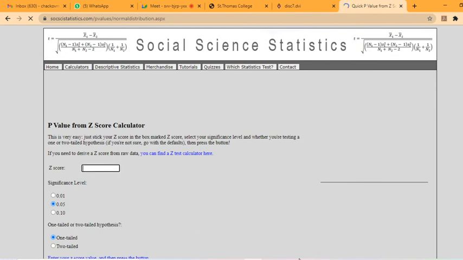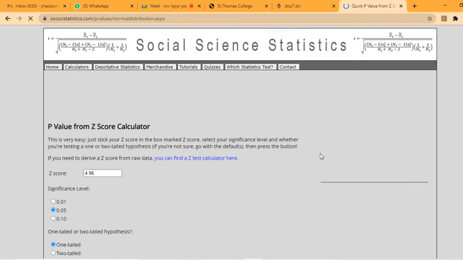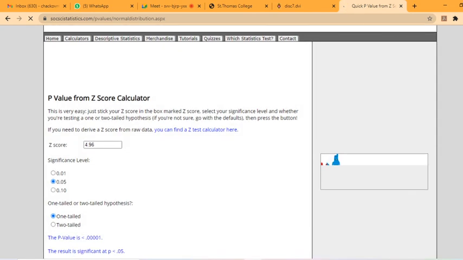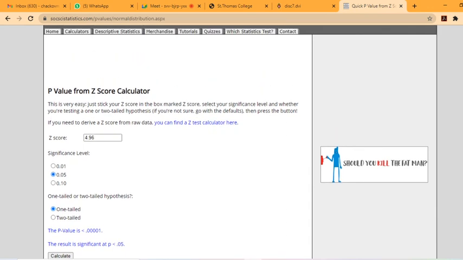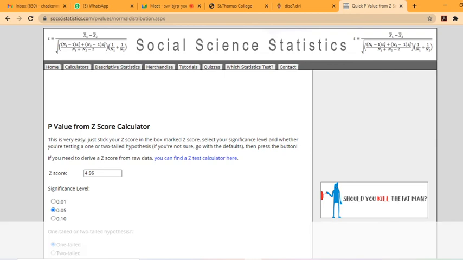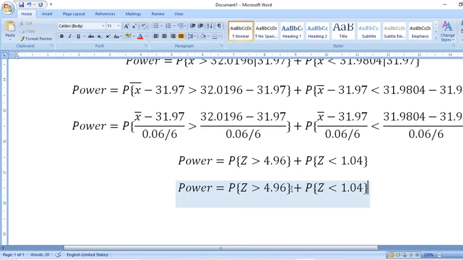What is the value? 4.96. I think it will be very close to 0, and we can replace it by 0.